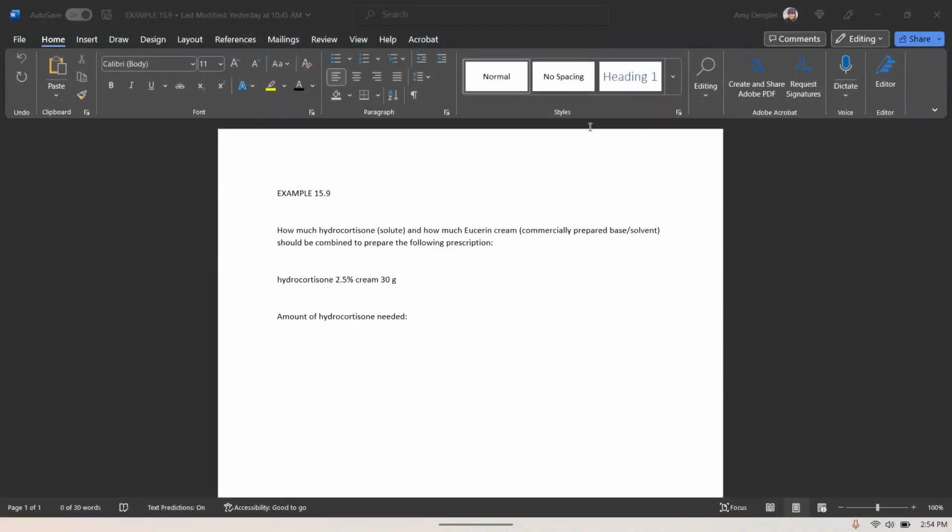Example 15.9: how much hydrocortisone, which is the solute, and how much Eucerin, a commercially prepared base solvent, should be combined to prepare the following prescription. Hydrocortisone 2.5% cream, 30 grams. How much hydrocortisone is needed?